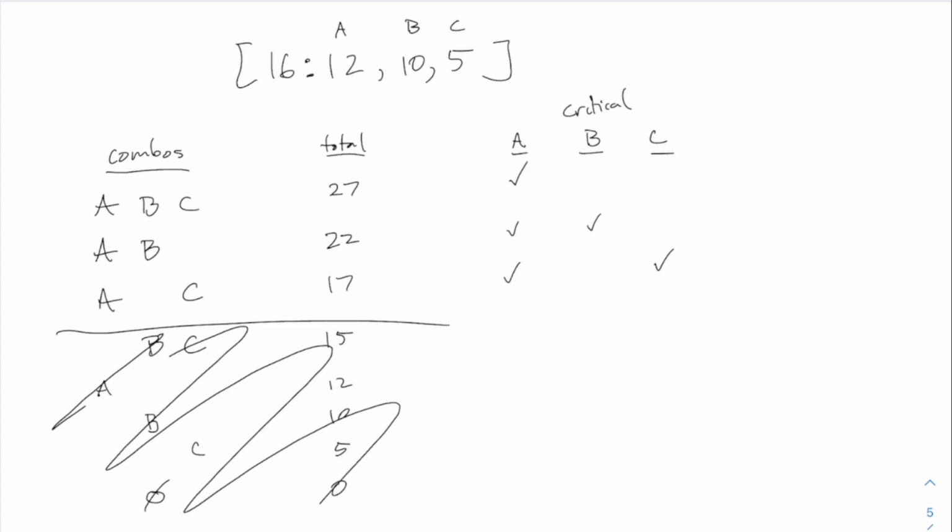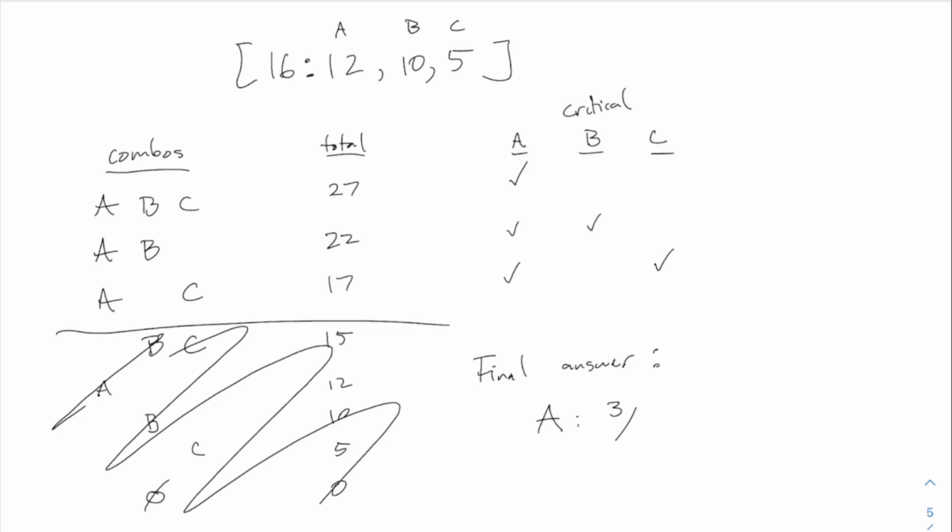All right. The final answer is just like the Shapley-Shubik. We just sort of count everything up here. And so the way that we do this for the Banzhaf, my final answer is a bunch of fractions, just like the Shapley-Shubik. The way the fraction works is A is critical 3 times, so that's the numerator. Out of how many?